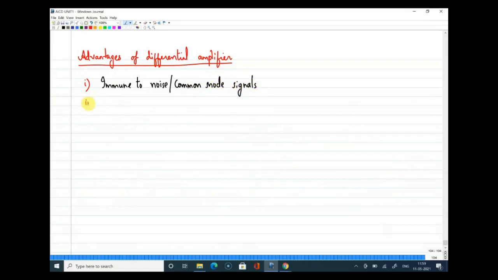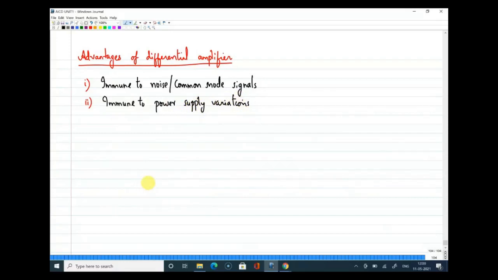And the second advantage is that it is also immune to power supply variations as well. We'll see in detail what these two are, because understanding this is very important. Otherwise you will always have a question in your mind: why are we going for this differential signaling?